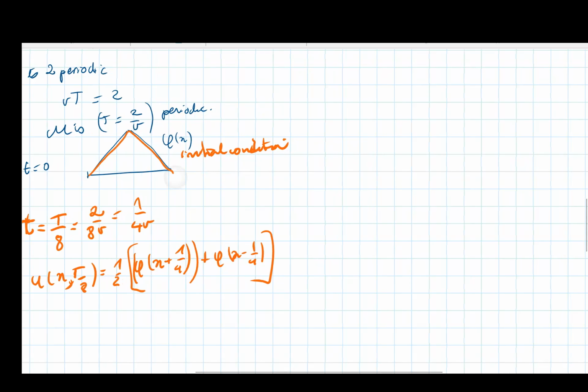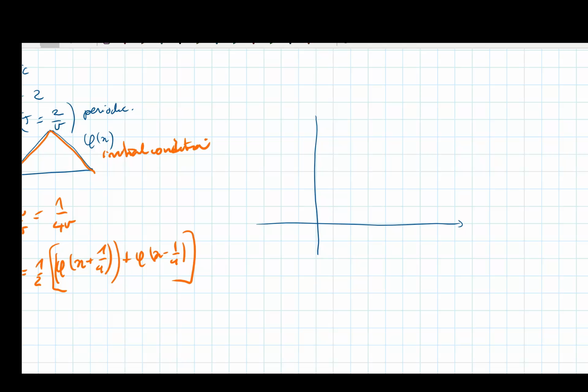All right, let me redraw my initial condition. So that's the x axis, and that's my initial condition, my phi 0.